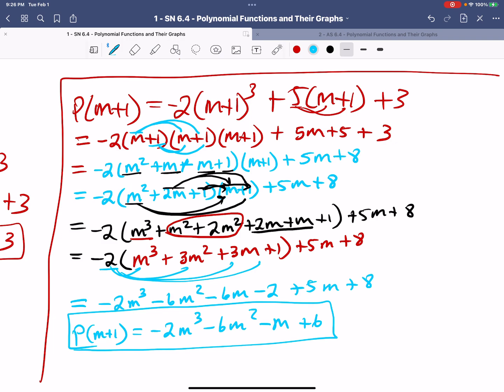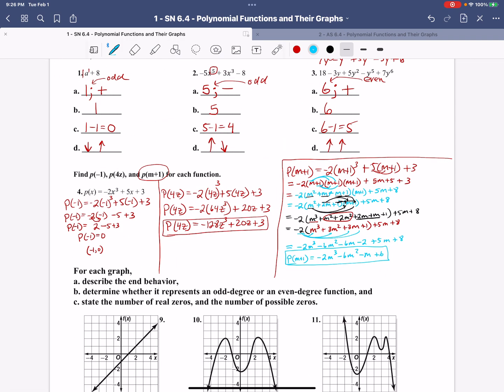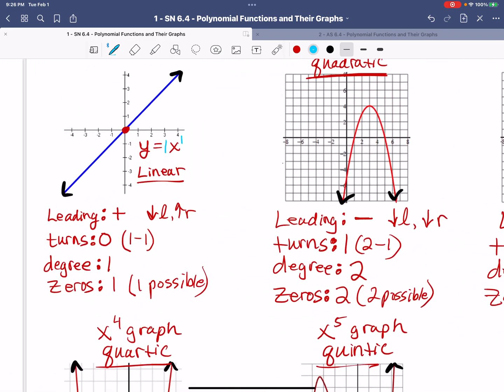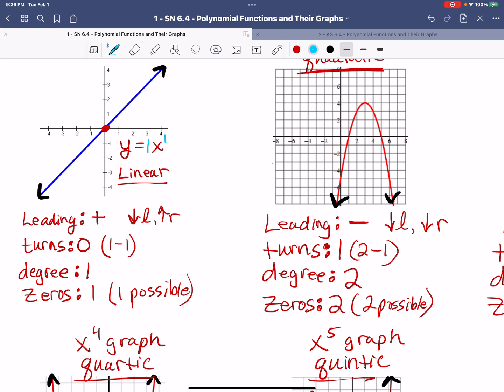Okay, so that's our notes for today. As a recap, we need to be able to look at a graph and decide what is the sign of the leading coefficient. We need to be able to decide how many times it's turning, what its degree is, how many zeros it actually has, and how many zeros it could possibly have.